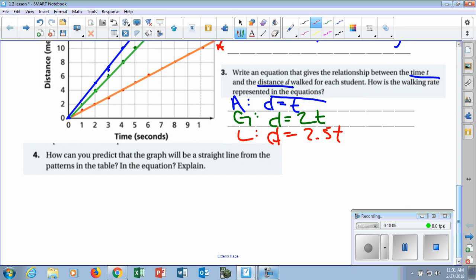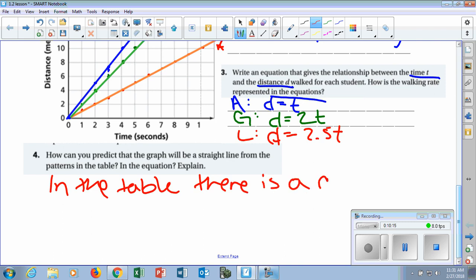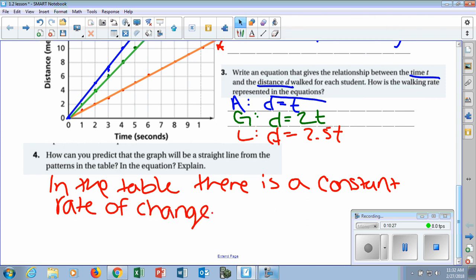So in the table, there is a constant rate of change. Perfect. What about the graph? Or in the equation, I mean?